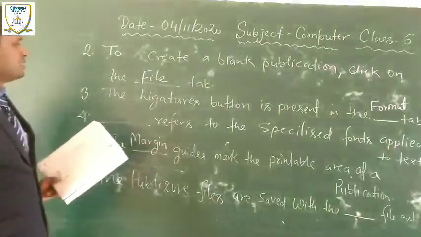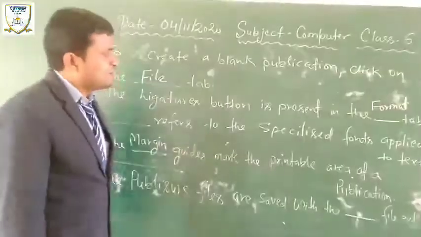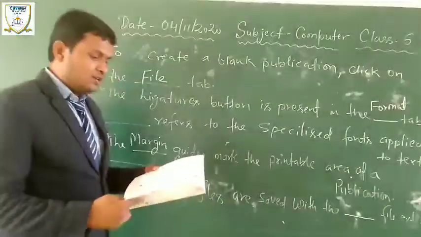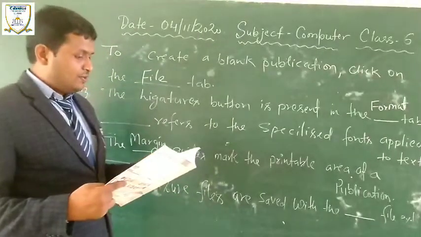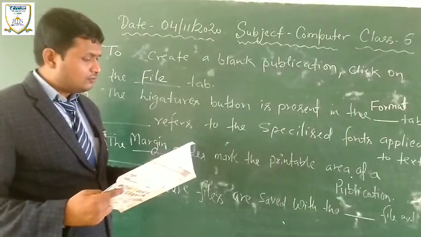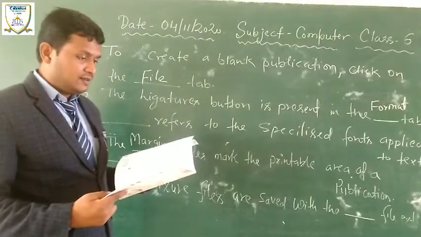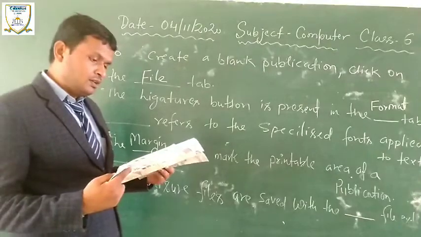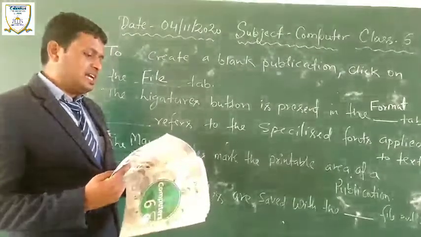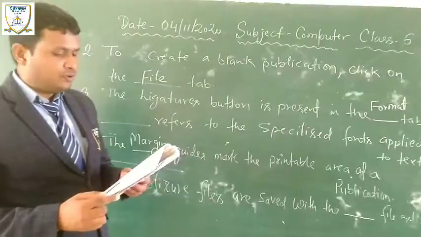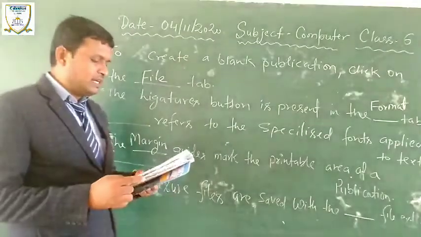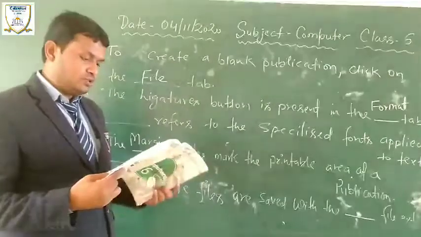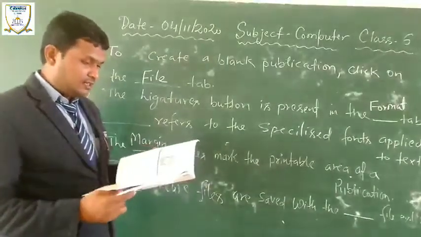Now, fourth is dash refers to the specialized form applied to text. Everyone should know which one is specialized for the text. Swatch is a style applied to the flow of letters, but it is not the text one.